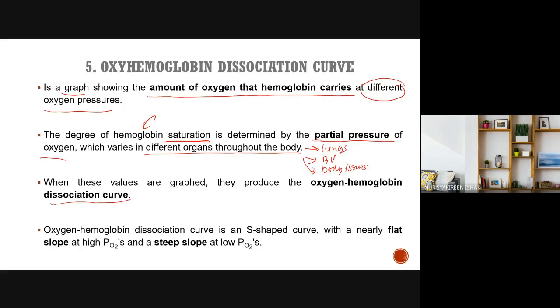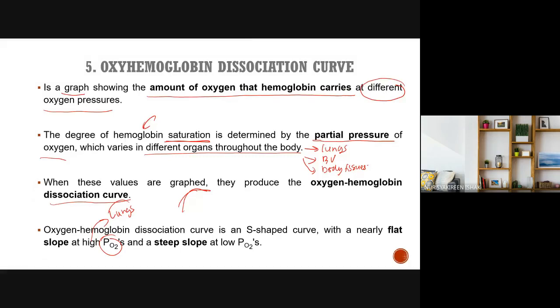Okay. So the oxygen hemoglobin dissociation curve is an S-shaped curve, okay, with a nearly flat slope at high partial pressure of oxygen. High partial pressure of oxygen occurs kat mana? Lungs, kan? So obviously dia akan reach flat lah sebab apa? Hemoglobin is saturated with oxygen, okay?